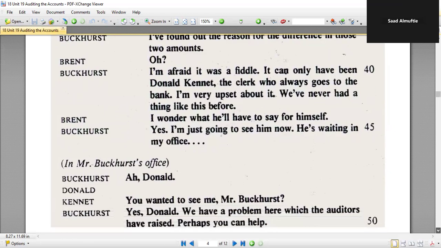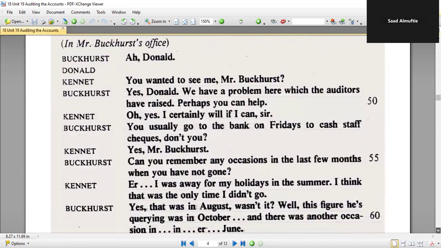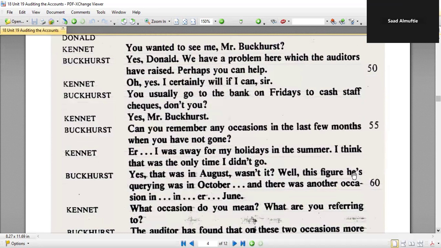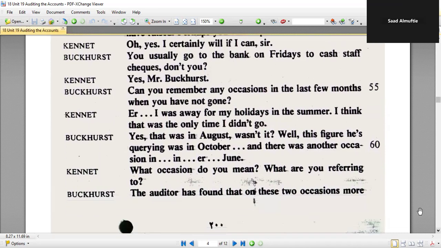Ah, Donald, you wanted to see me, Mr. Buckhurst? Yes, Donald. We have a problem here which the auditors have raised. Perhaps you can help. Oh, yes. I certainly will if I can, sir. You usually go to the bank on Fridays to cash staff checks, don't you? Yes, Mr. Buckhurst. Can you remember any occasion in the last few months when you have not gone? I was away for my holidays in the summer.